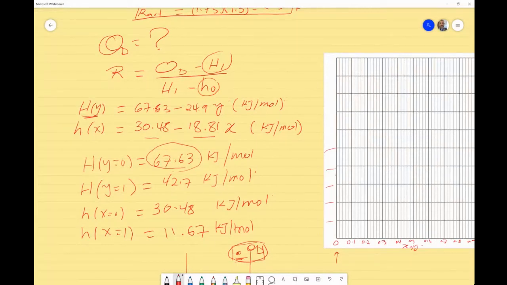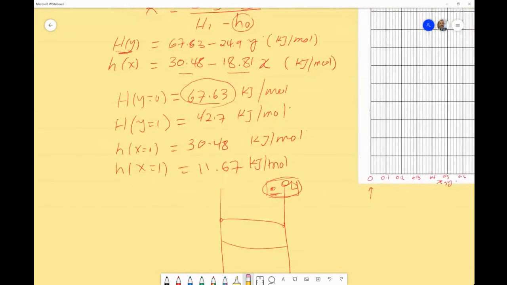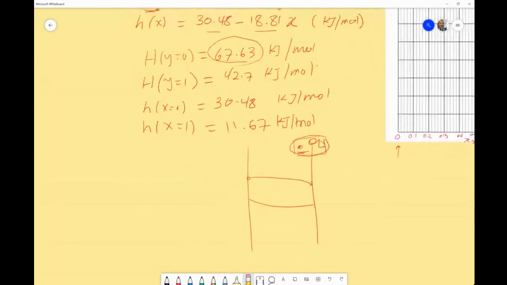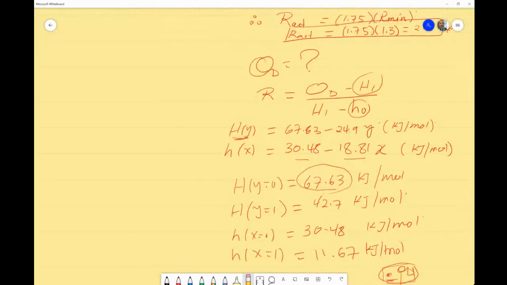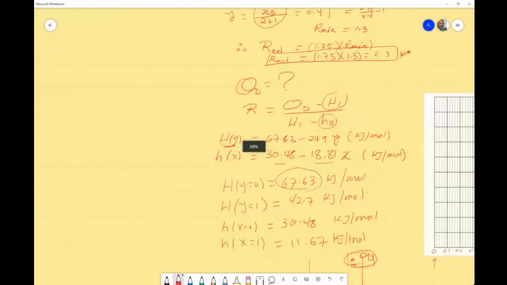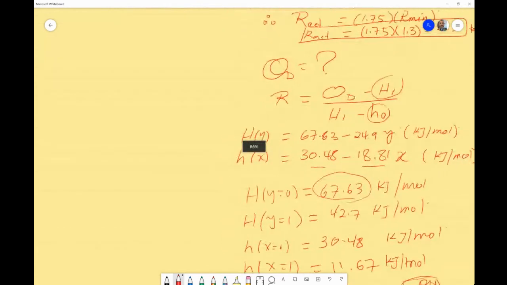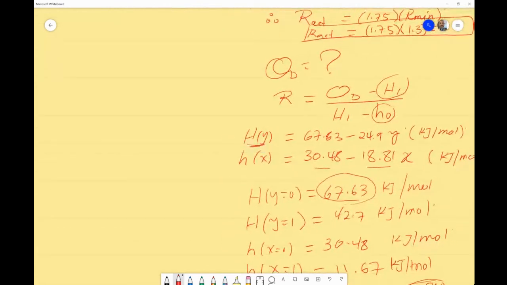How do we calculate H1, guys? What's the meaning of H1, by the way?